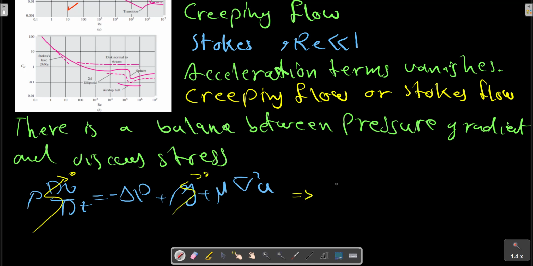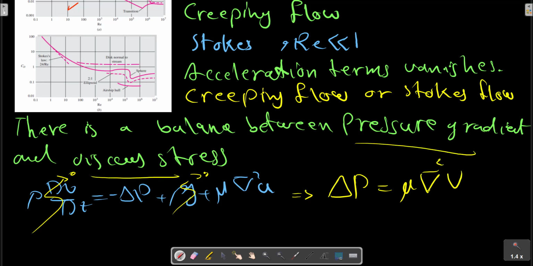Then we have a balance between the pressure gradient and the viscous stresses. If the geometry is simple, a closed form solution can be found and the body drag can be computed.